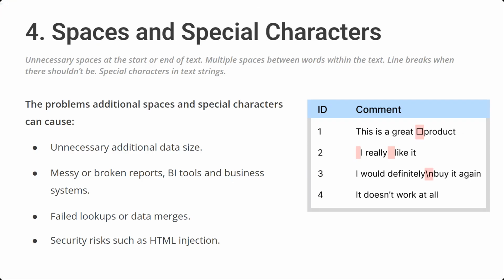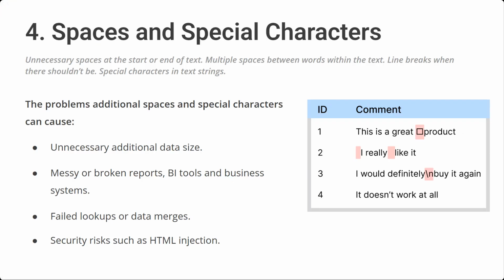So if somebody typed some HTML, for example, into this text field, and we've sent that to a system that just displays that in a web page, well, that HTML could break the rest of the web page, and it can even pose security risks. So these kind of problematic characters can be a real concern in data, as well as just making it messy.